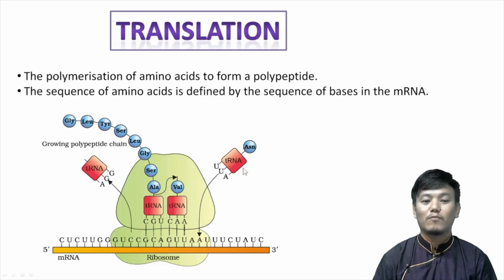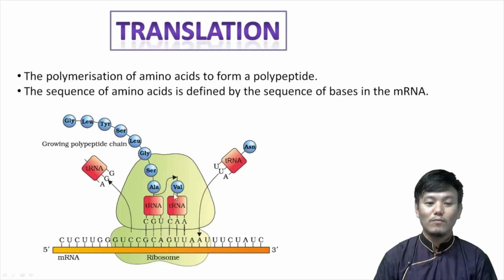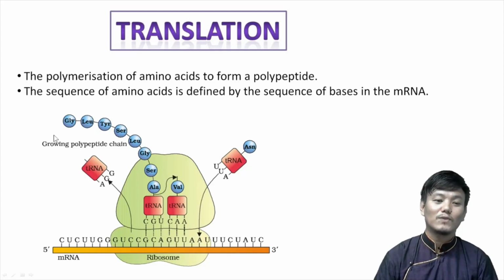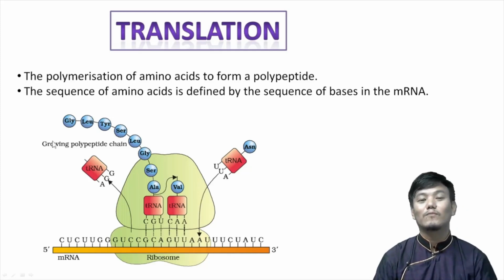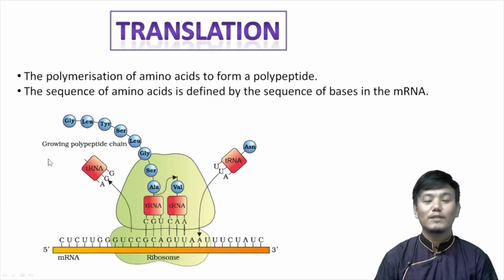So there will be peptide bond formation happening over here. Because of that, a long chain of amino acids will be formed, and that will be the polypeptide. And when it is released, it will become the functional protein later on. So that is a brief introduction to the translation process.